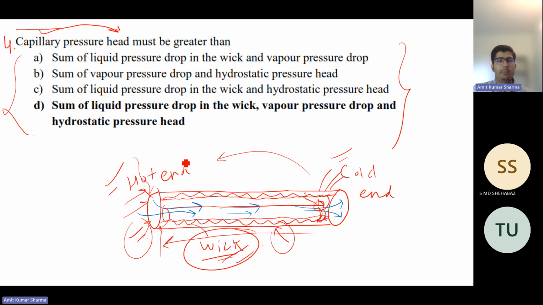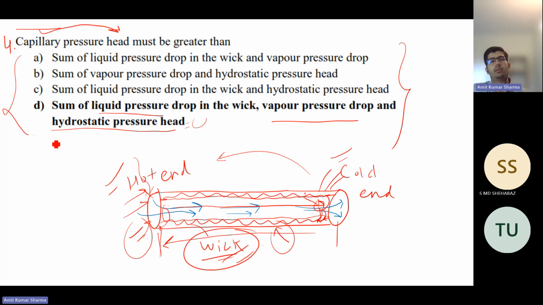So to eliminate this issue, the capillary pressure head must be greater than the sum of the liquid pressure drop, because due to the hot end and cold end, there is a different liquid state at each end, so there will be a difference of liquid pressure drop. The vapor pressure drop is also there, and the hydrostatic pressure head due to gravity. Considering all these three heads, the capillary head should be greater than the sum of all of them. After that only can the liquid droplets travel back from the cold end to the hot end using capillary action.